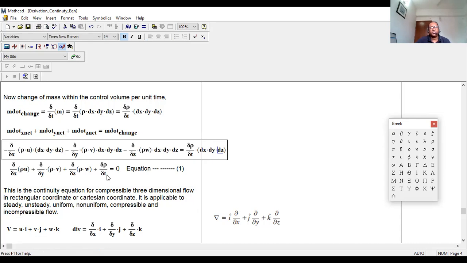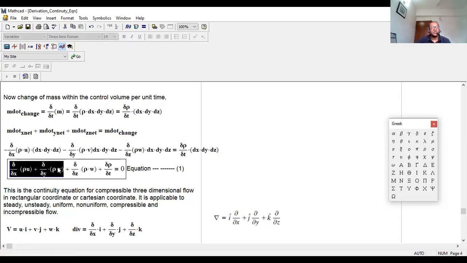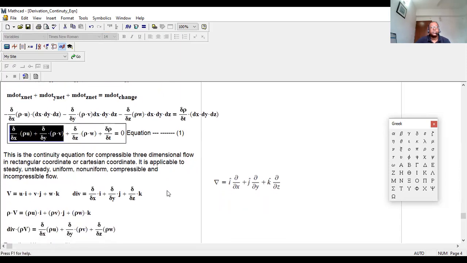If you say flow is steady, what does it mean? Nothing changing with respect to time. That means del rho by del t will be 0. If you say flow is two-dimensional, what does it mean? There is no w, w is 0. If it is one-dimensional, that means two velocity components will be 0. So this equation we can use for compressible, steady, and incompressible flow.